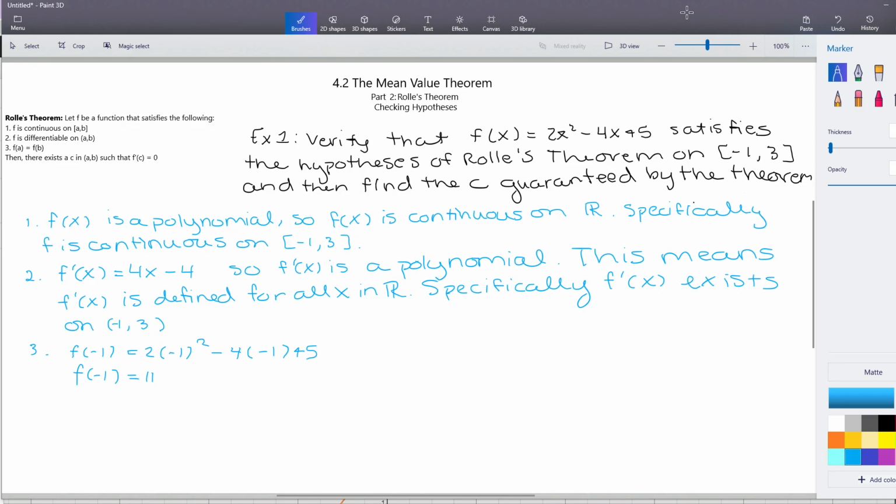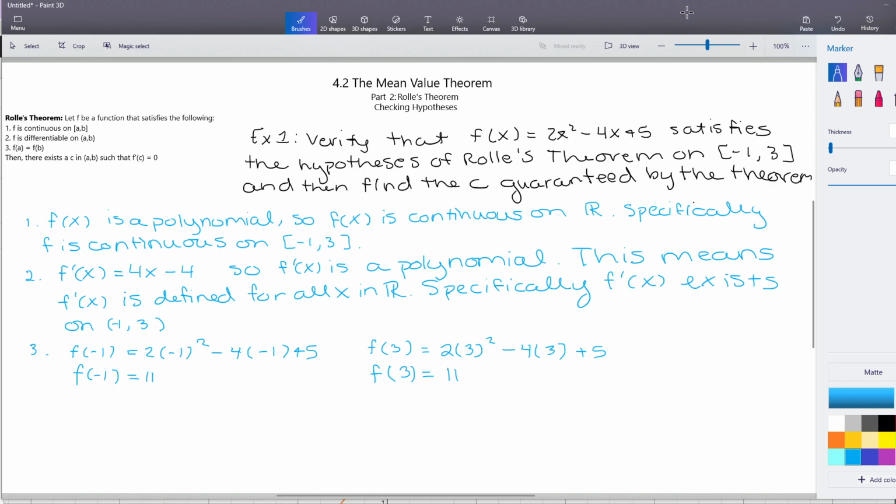Okay, and then f of 3 is 18 minus 12 is 6 plus 5 is also 11.